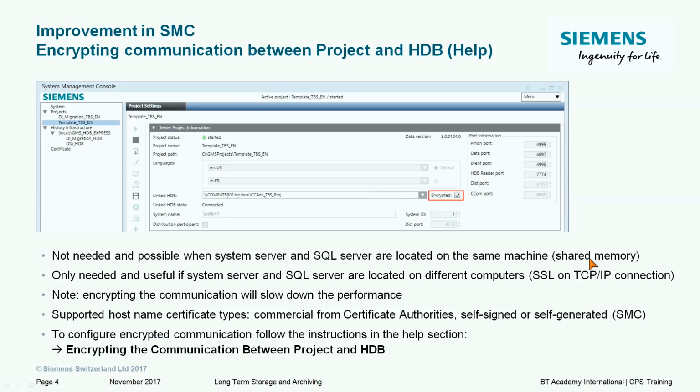It's really a TCP/IP connection when the WinCC server and project and the SQL server are located on different machines and connected over TCP/IP. Only then is encrypted communication possible.